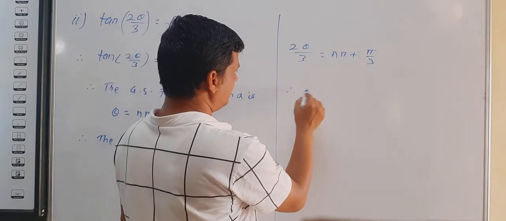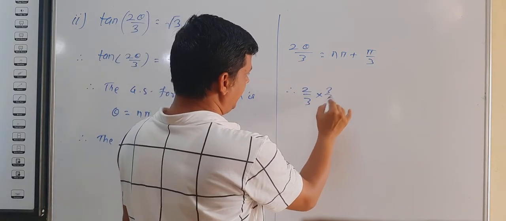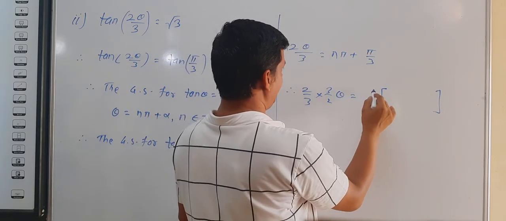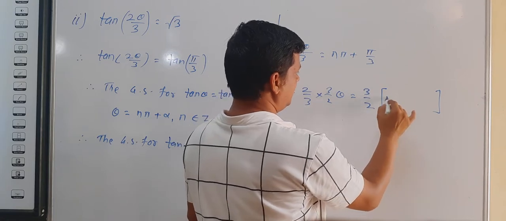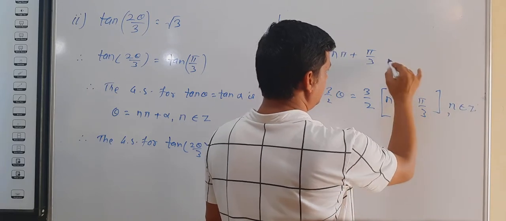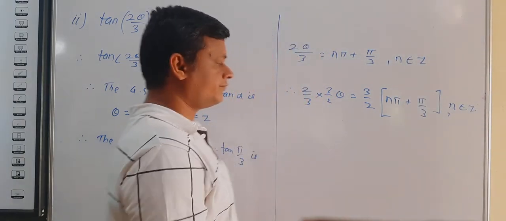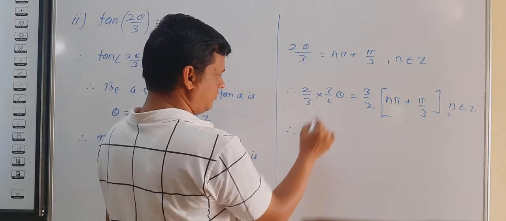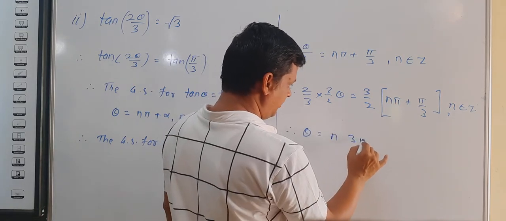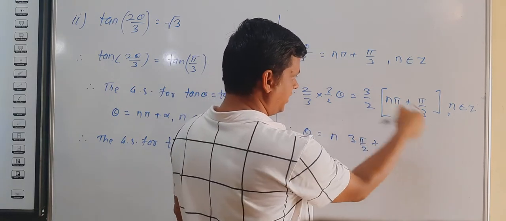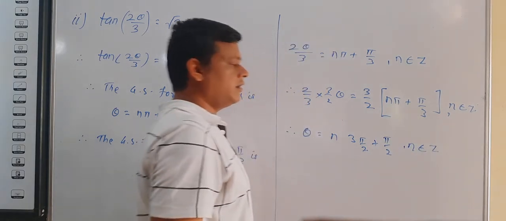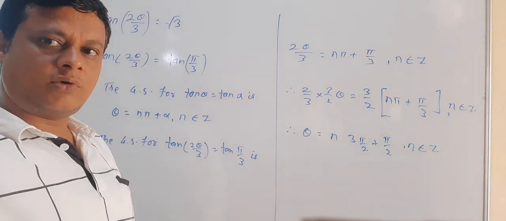So we write here 2 by 3 into 3 by 2. In RHS also we have to multiply by 3 by 2, n pi plus pi by 3, n belongs to Z. Therefore we get on LHS theta, on RHS we get n 3 pi by 2 plus, 3 gets cancelled, pi by 2, n belongs to Z. This is the required general solution for the given equation.